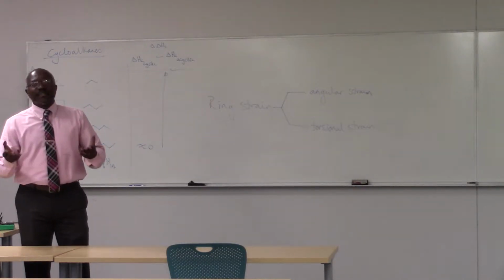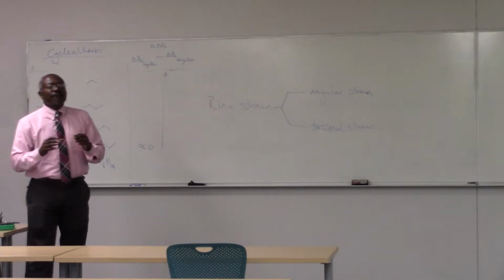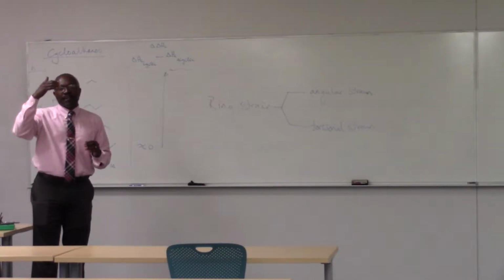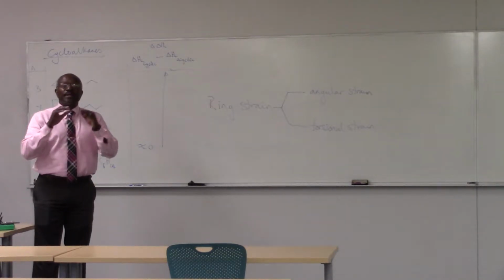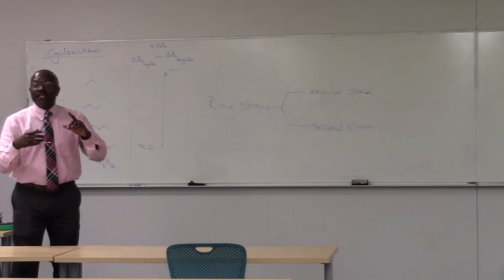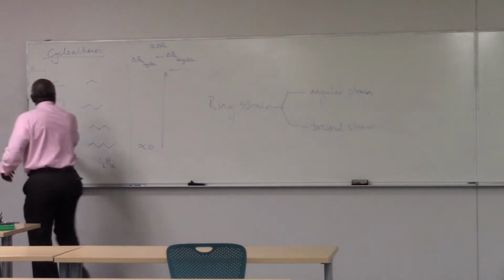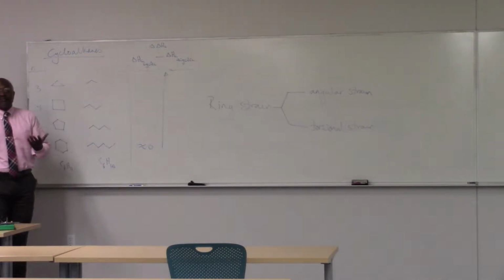Okay, what is angular strain? Angular strain arises from distortion of a carbon-carbon-carbon bond angle away from the 109.5. So the classic bond angle for an sp3 hybridized carbon, and all of these are sp3 hybridized, is 109.5.